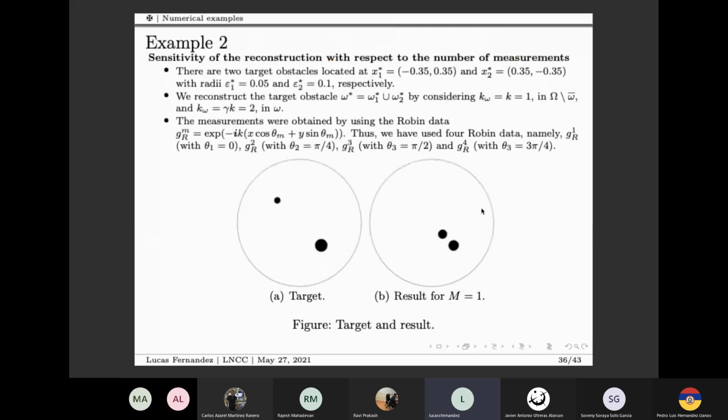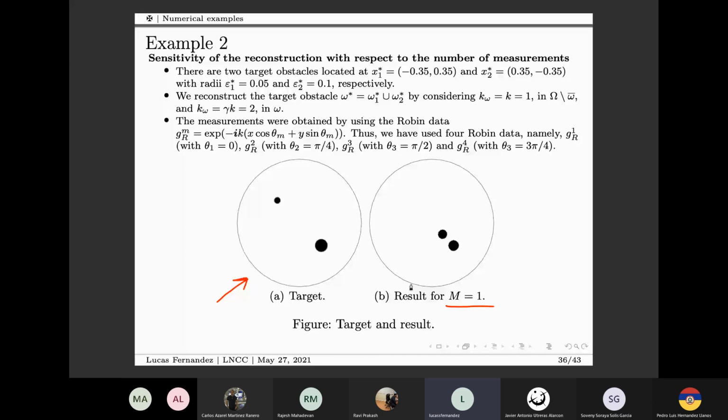Well, in this example, we analyze the influence of the number of measurements in the reconstruction of two obstacles of different sizes. So the results are obtained from the nonlinear reconstruction algorithm, and the target domain is this one, shown in figure A. So firstly, the reconstruction is performed by using only one measurement, okay, in the case when the angle theta is equal to 0.